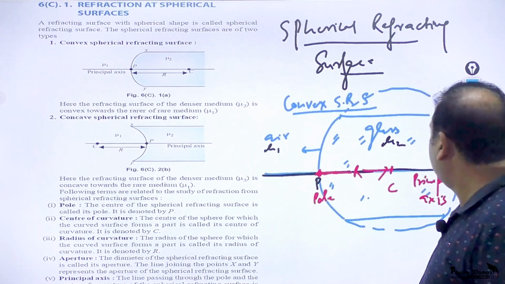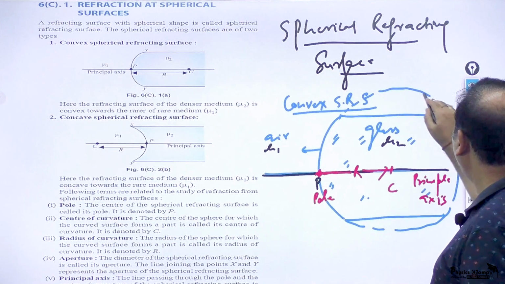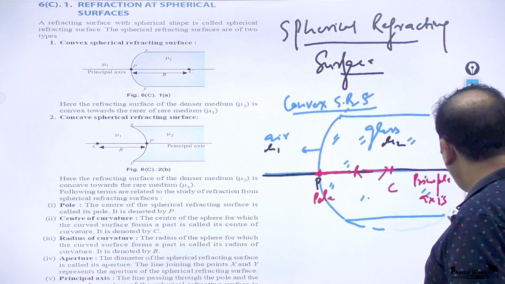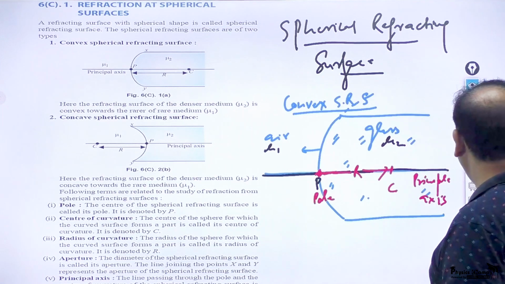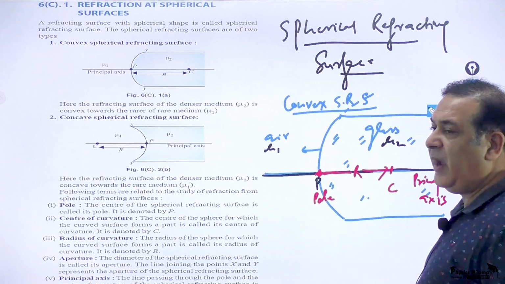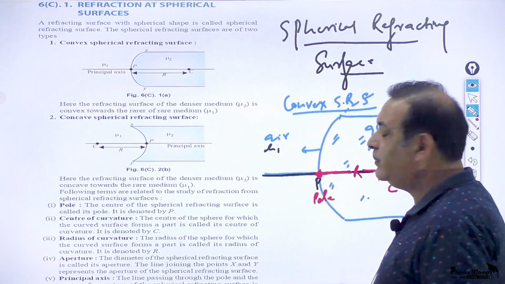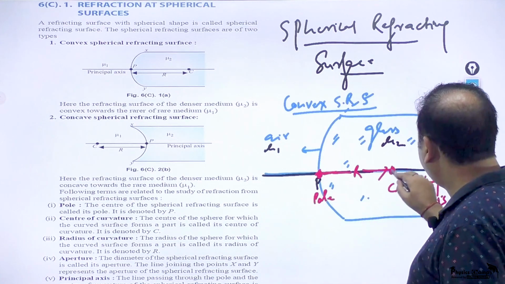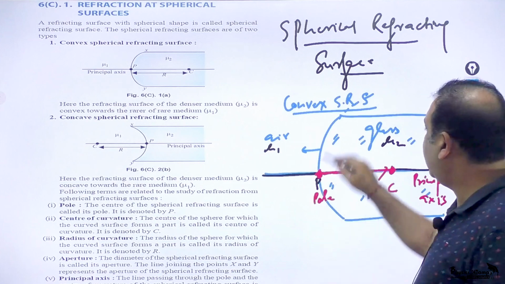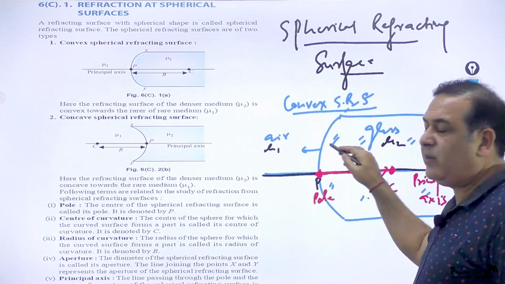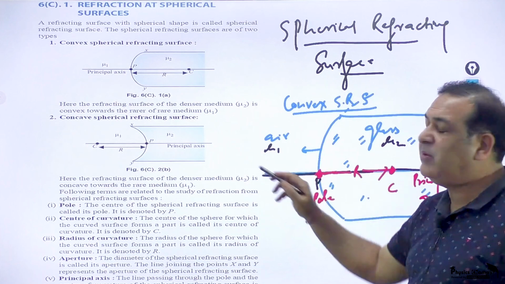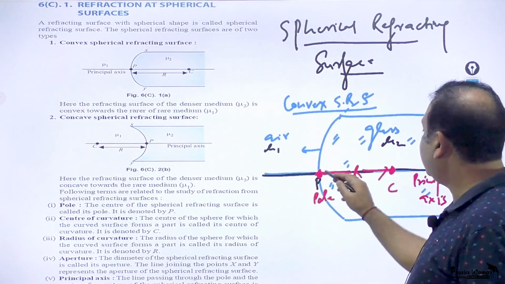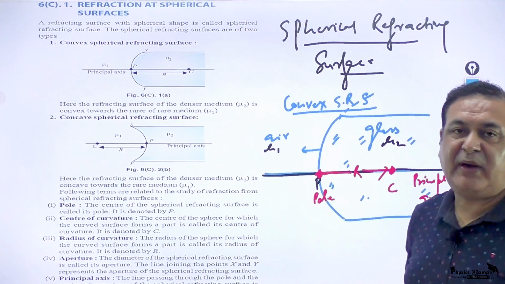Let me leave this so that you don't get confused. Here we have a point called pole, and a point called center of curvature. It is actually the center of that sphere of which this curvature is a part. This line is the principal axis, and this distance of center of curvature from the pole is the radius of curvature.